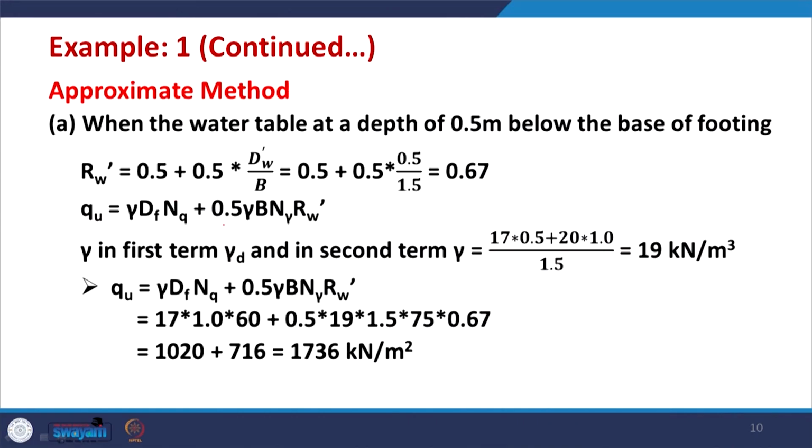But one important issue in this equation is that only the second term will get affected now. The value of gamma can be neither gamma submerged nor gamma saturated; rather you need to calculate the value of gamma depending on the location of the water table, and gamma should be calculated as the average value between gamma submerged and gamma saturated.